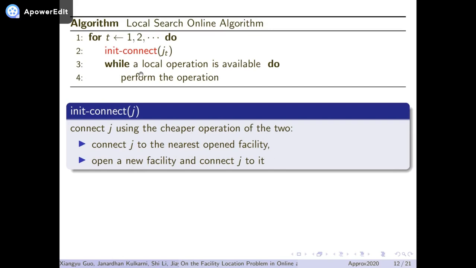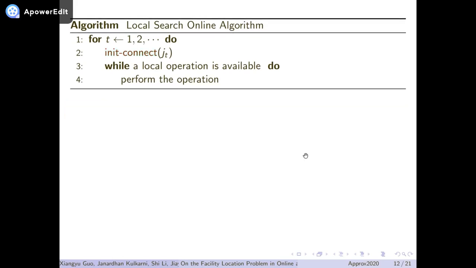Then we try to do local operations to reduce the current cost, until no such operation is available. Based on the local search technique, this online algorithm has the potential to maintain a constant competitive ratio. The problem is, it has nothing to guarantee the recourse is small.